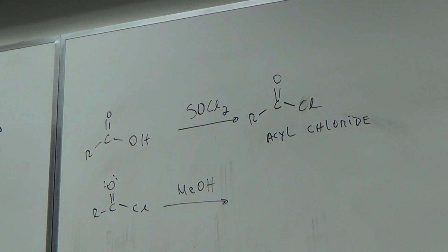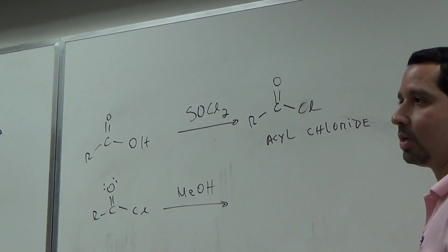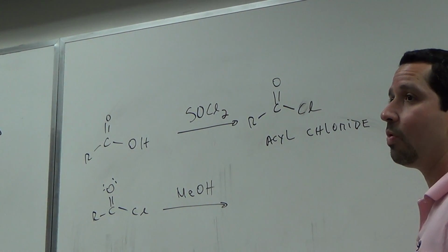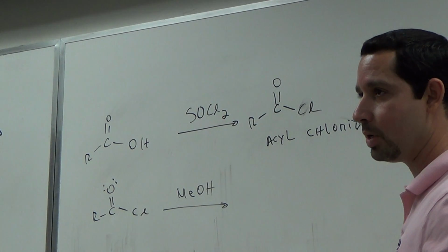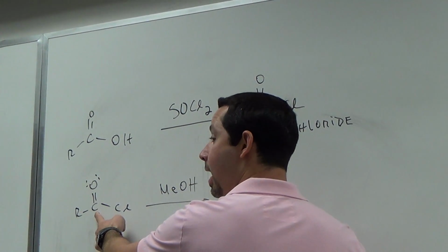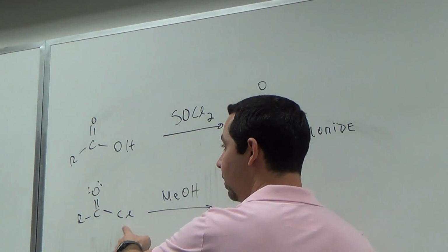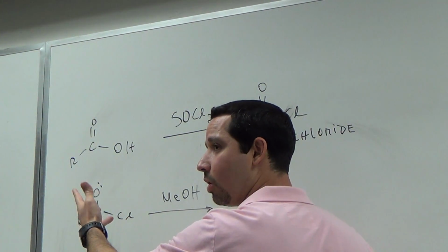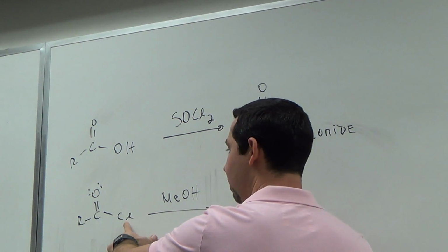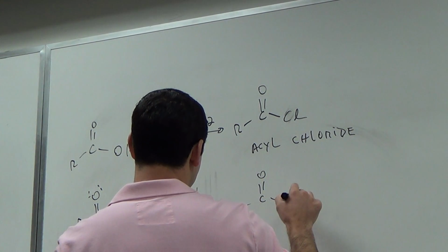What would it form, if I had an excess of it? Acetal, yes. Here, it is still going to attack it, but now I have a leaving group. The leaving group before had to be water. Now I have a leaving group, and what is going to form is an ester.